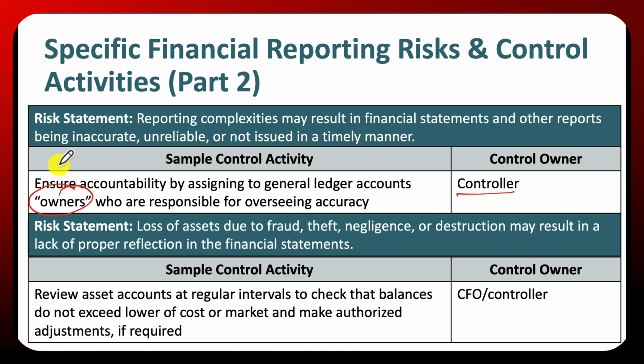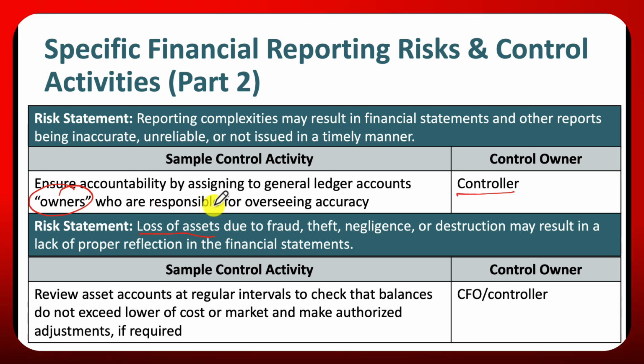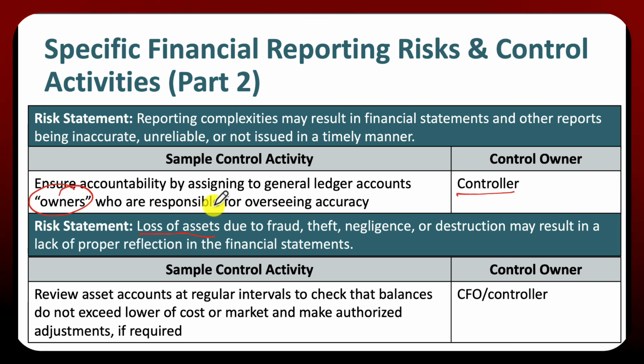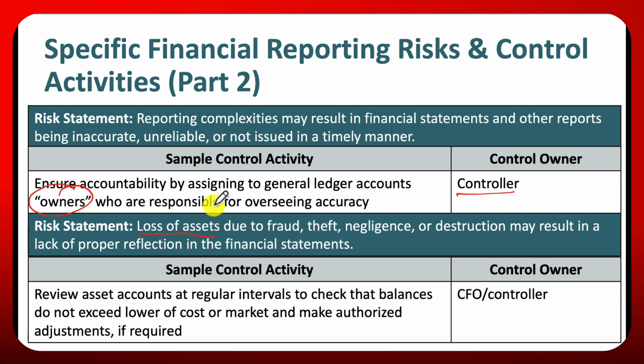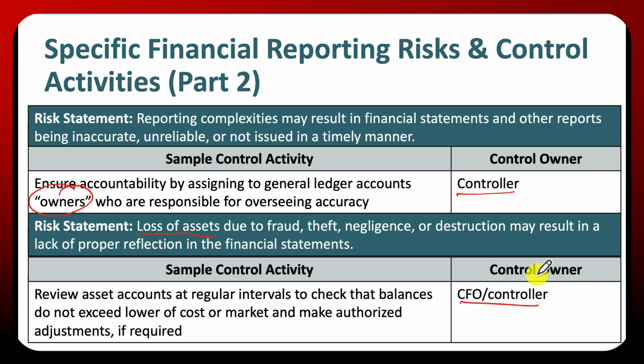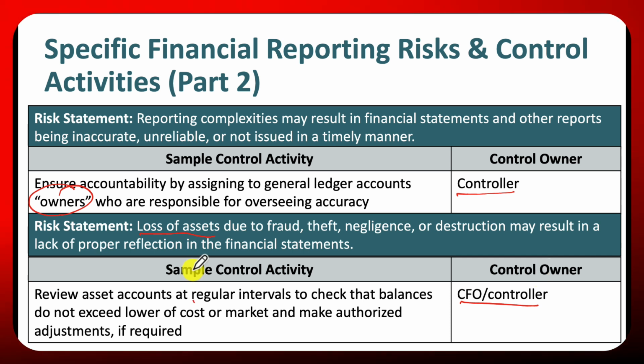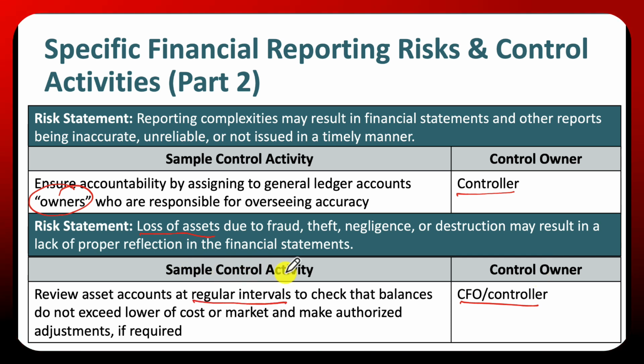Then we might have the risk of a loss of assets that could be due to fraud, theft, negligence, or destruction, and this may result in a lack of proper reflection in the financial statements. So in this case, the CFO and/or controller would review asset accounts at regular intervals to check those balances, making sure maybe not to exceed our lower of cost or market for inventory, and make any authorized adjustments.